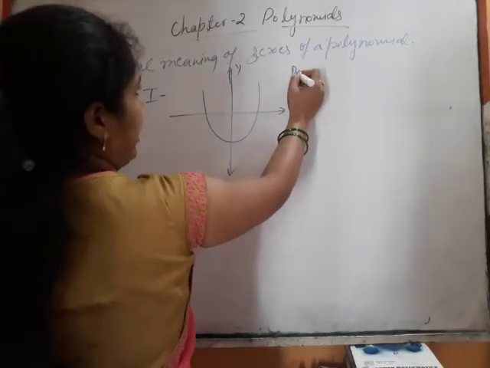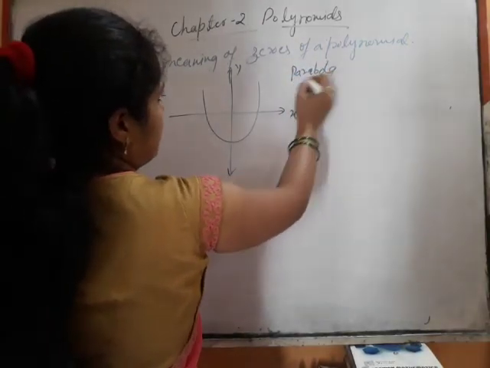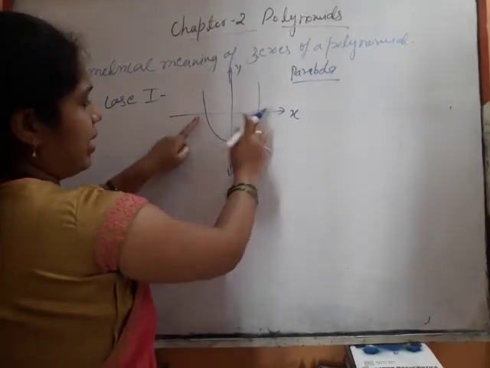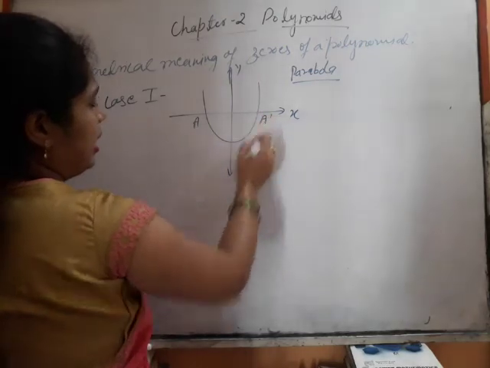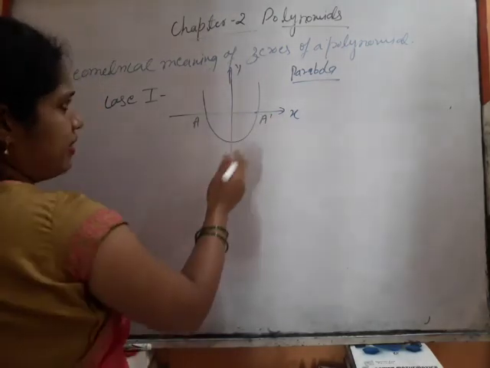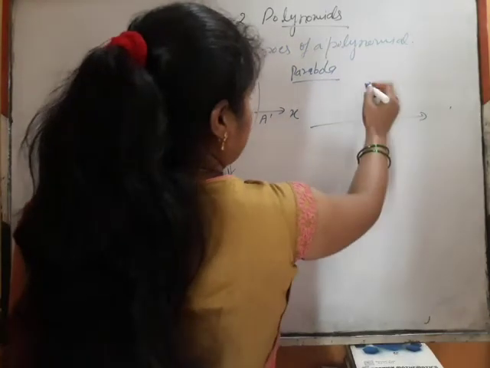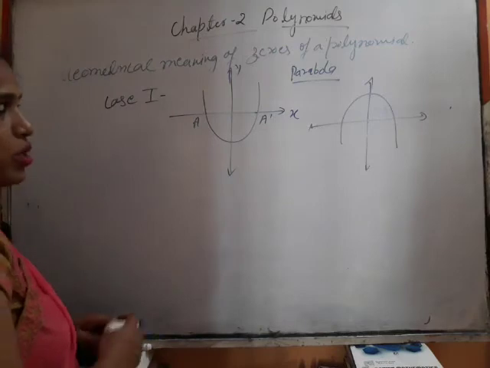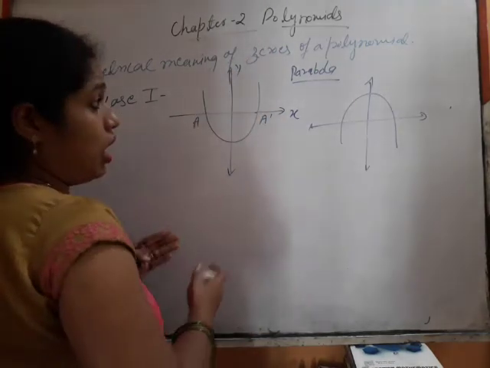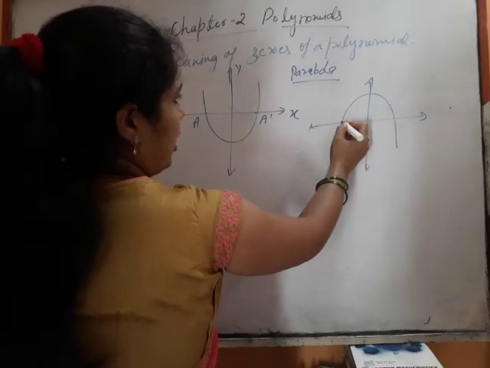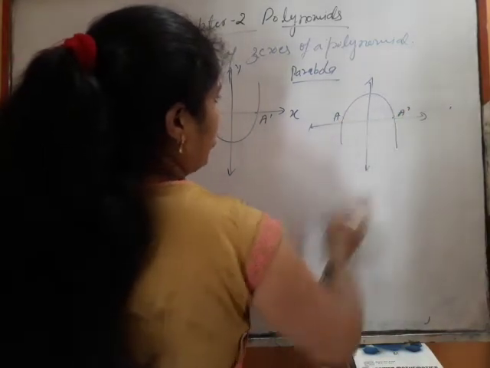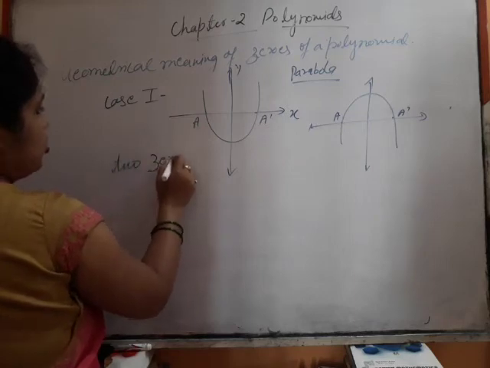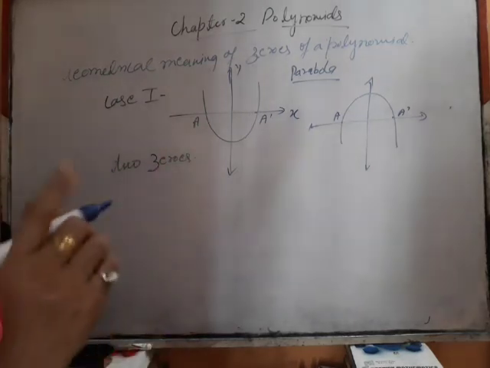This U shape is known as a parabola. When this parabola intersects the x-axis at 2 points, A and A dash, suppose, in this way, and one more way is it can be downward also. It's not necessary you will always get this upward, you can get downward also. Okay, so if it is intersecting at 2 points, then it will have 2 zeros.